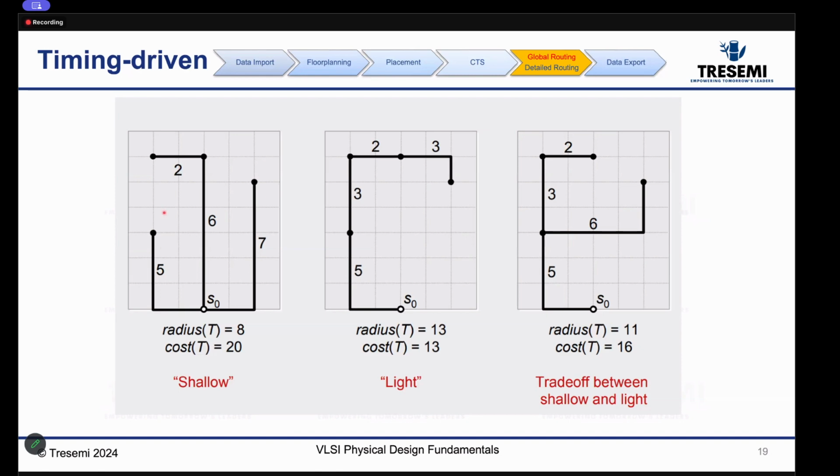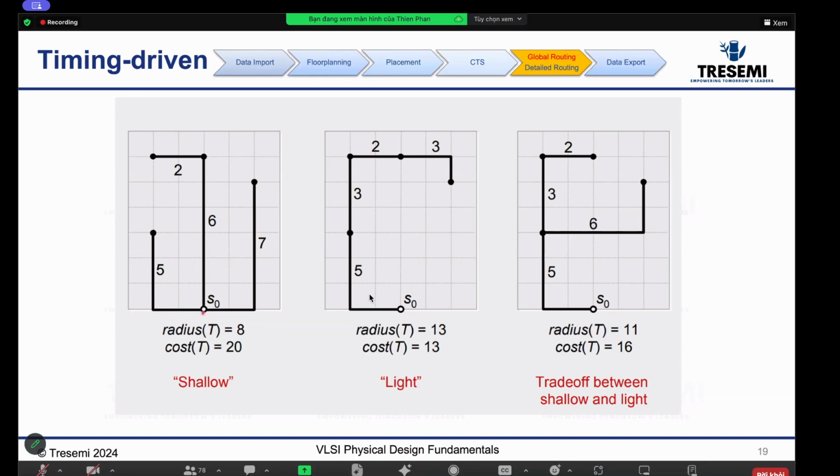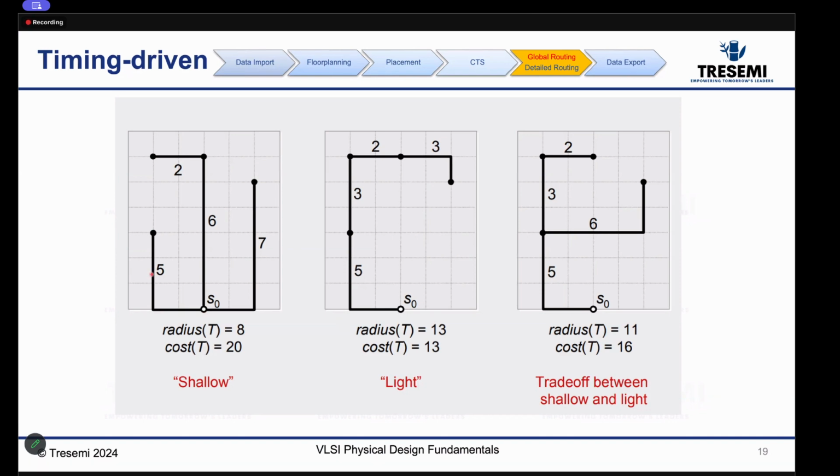But consider this is your source, and net 5 is your critical net. Then it's kind of like you split them out, you make them independent. So the net no longer has the minimum wire length, but net 5 you can optimize, right?